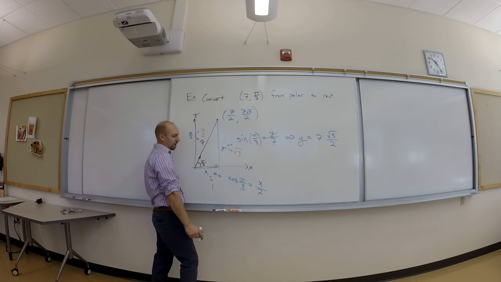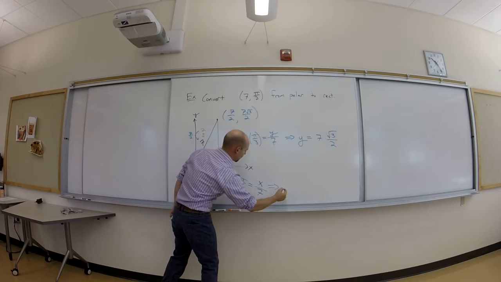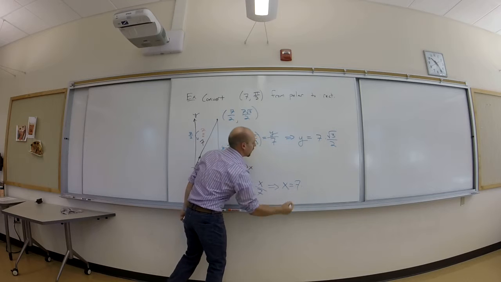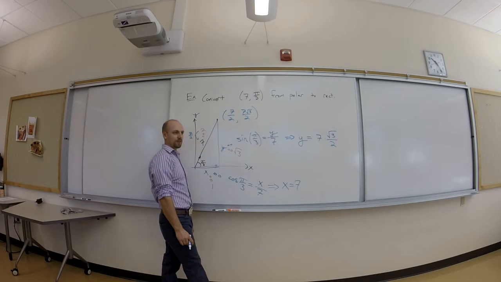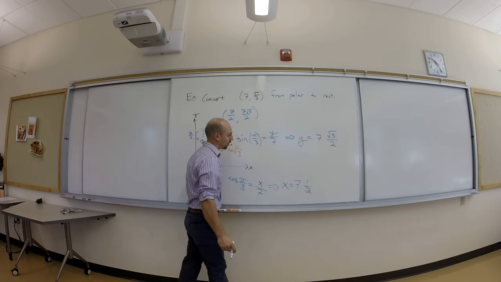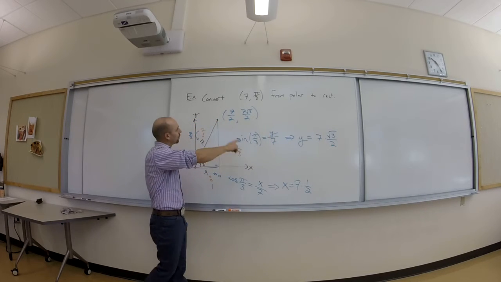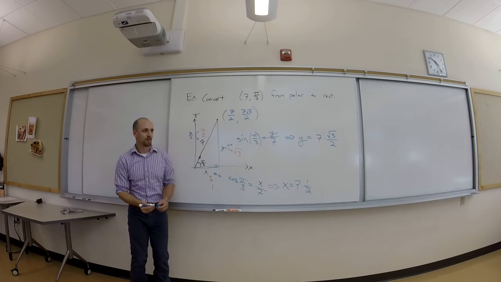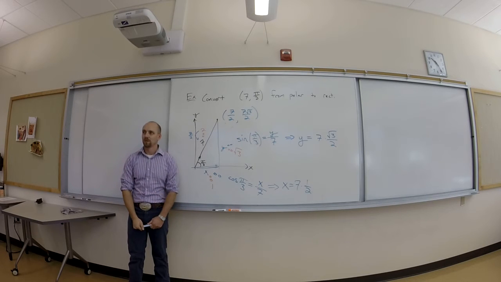Then I'm going to multiply both sides by 7. So I'm going to get x is 7 times the cosine of 60 degrees, which is 1/2 from my triangle. And so I get 7 over 2. Cool? Questions, things?